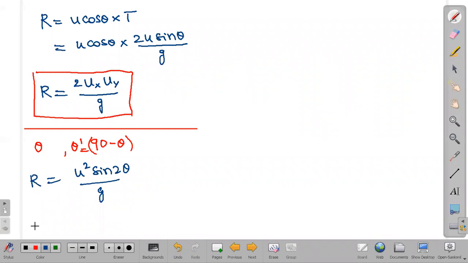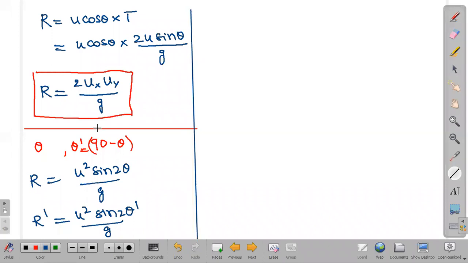So for the complementary angle I am considering R dash equals u square sin 2 theta dash by g. Just for a different angle I have considered it over here. Now further if I expand this, what is theta dash here? Our new, complementary angle is 90 minus theta, which I will substitute in this expression.